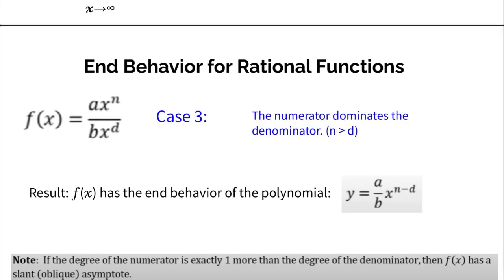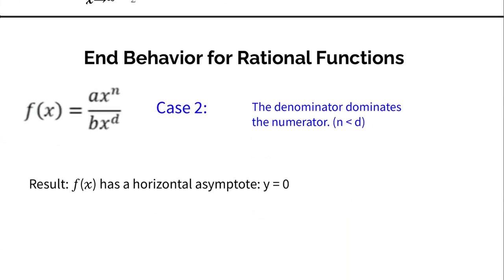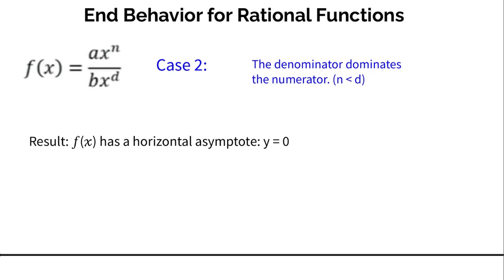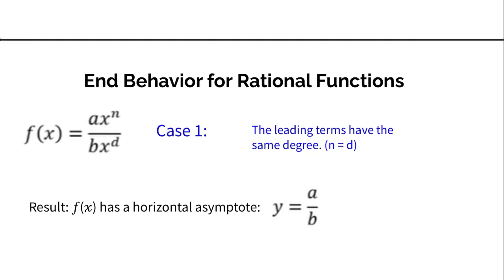What case is that? It's case 3. Case 2 is when the denominator dominates the numerator. That's not the case. Case 1 is when the leading terms have the same degree. Okay? And when that is the case, the horizontal asymptote is y equals a over b.